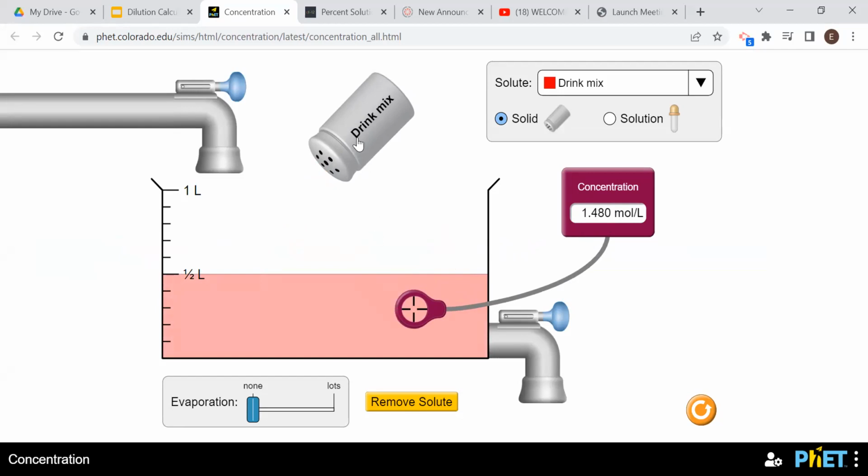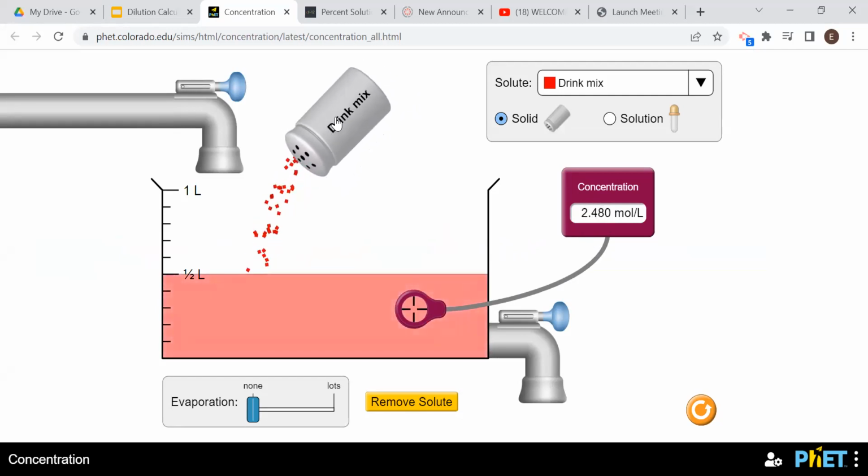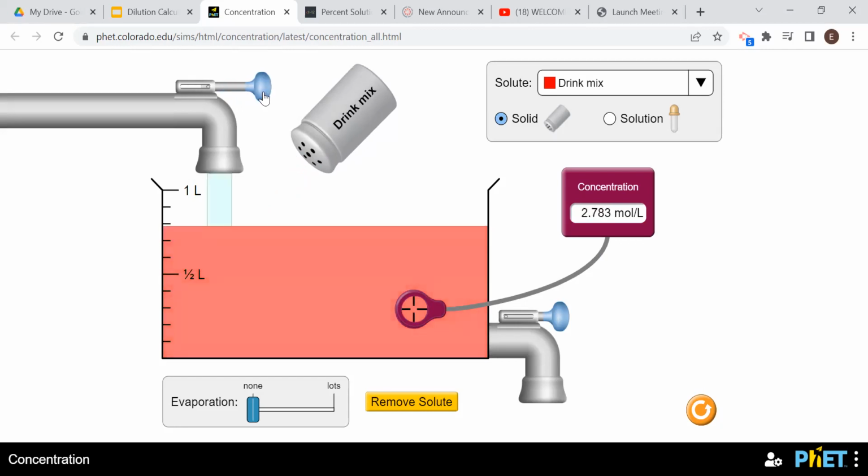Look at it now. If I put in more, the concentration goes up because I have more solute. Okay? What if I add water? What will happen? Look at it. The concentration is dilute now. Less concentration.